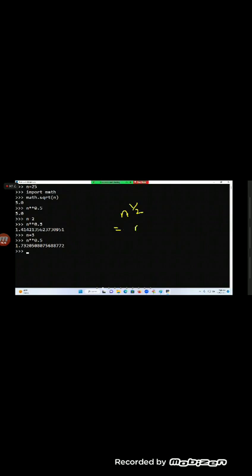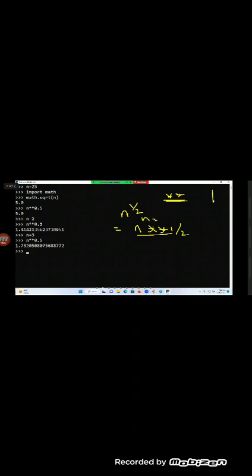Don't write it simply; you can write it like this also: n star star 1 by 2. If I write that, what will happen? Here two operators are there, one double star operator and one slash operator. Which one gets preference first? Double star. So n double star 1 is taken first, which is n.